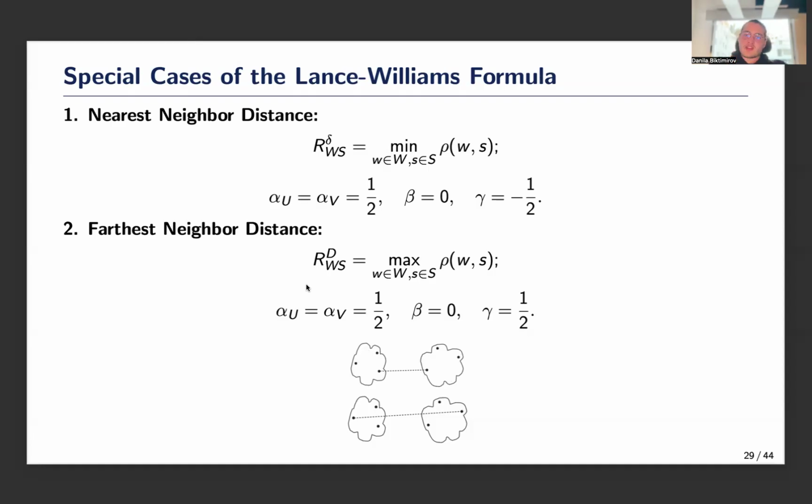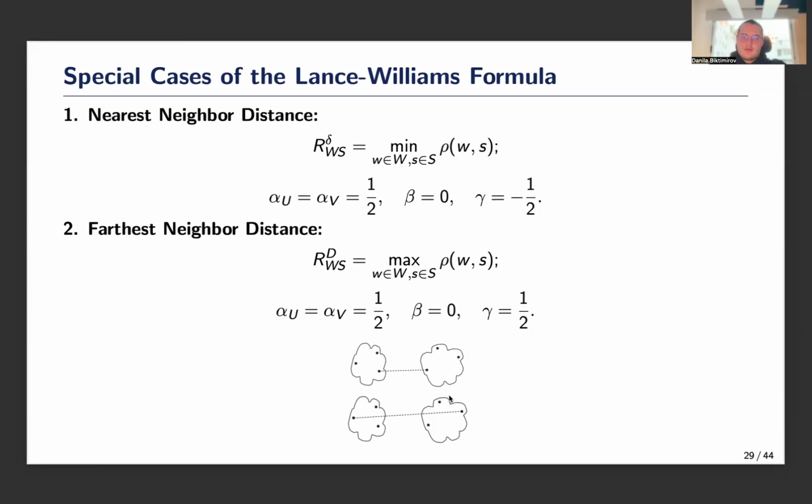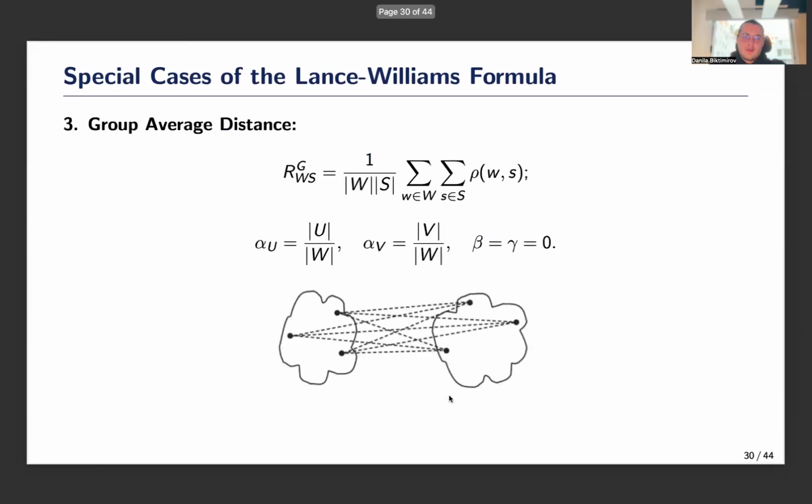Otherwise, we can use complete linkage, or farthest neighbor distance. The distance between two clusters is defined as the largest distance between any two points in the clusters. Third is group average distance, or average linkage.